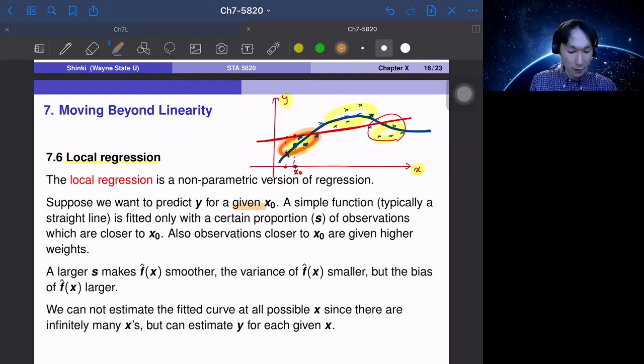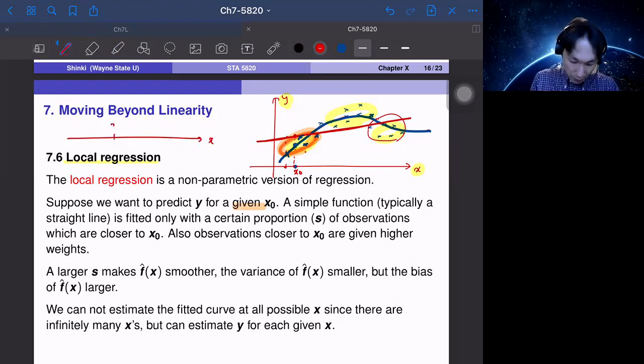So even if we have only 5 observations here, if the observations are closer to this X naught, we give higher weight. So think about the case that we have the X-axis and we have X naught, and then we have the 5 closest observations.